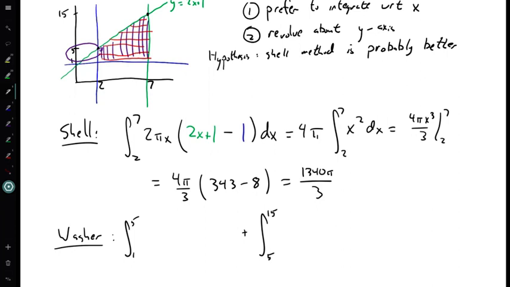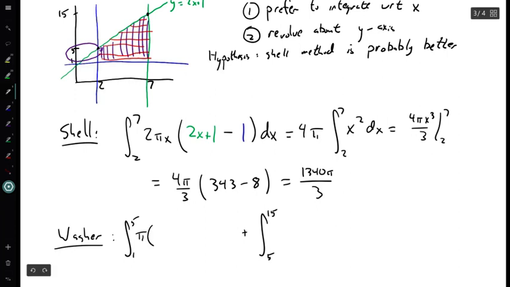So on the interval between y equals 1 and y equals 5, I think about the upper bound on my x values here is this green curve at x equals 7. So what I'm looking at here is, we have washers. Washers have surface area equal to pi times the outer radius squared minus the inner radius squared.